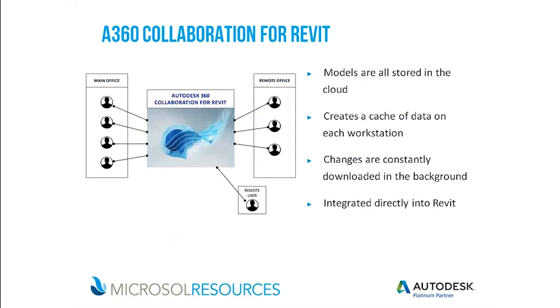They're actually going to be working off of a local cache, which is created at each workstation. So in most respects, the staff will be working like they're normally working. They're working off of local files, and the only time that they really need to connect to an internet-based service is when they're doing sync to central.